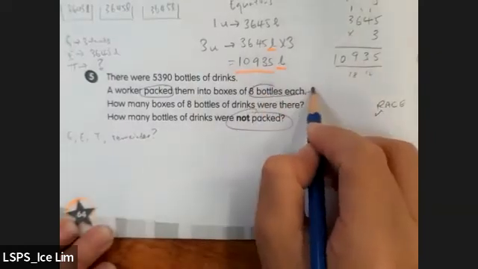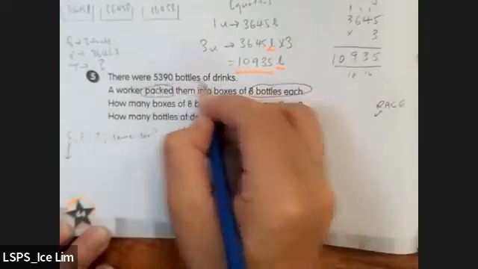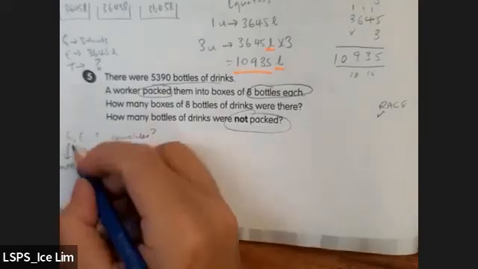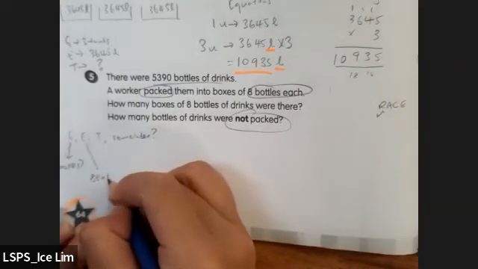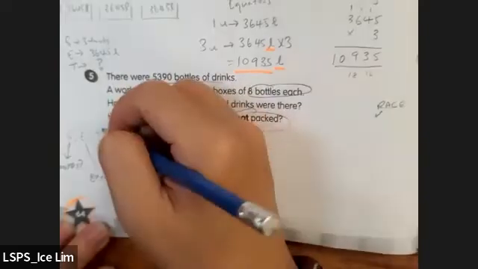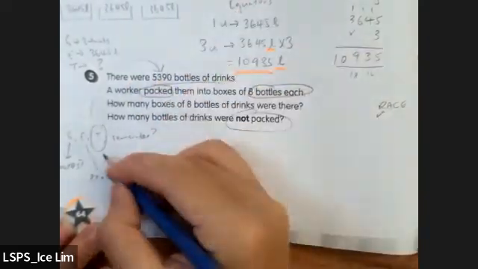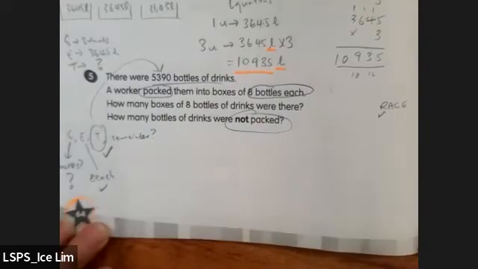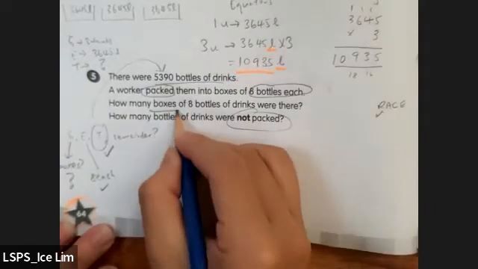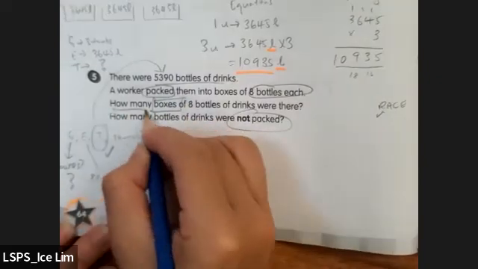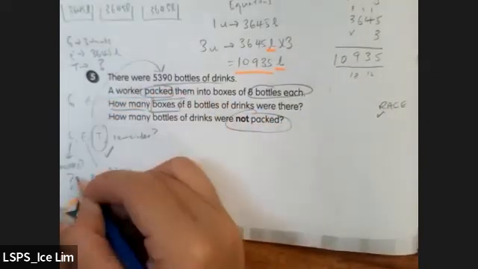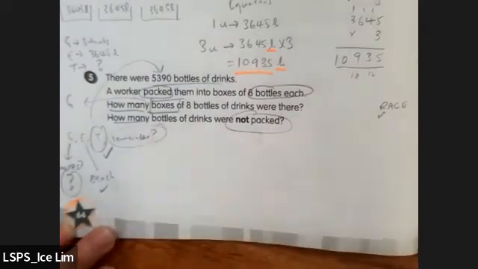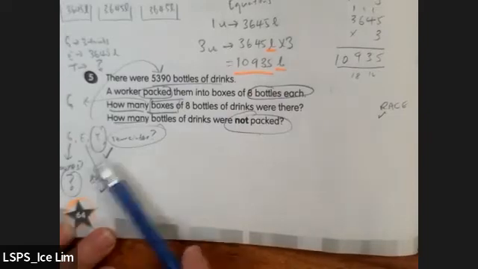Eight bottles each. Groups talks about boxes. I've got 8 each. Now, total number of bottles is given. Groups, I don't know. It asks you how many boxes. So this tells you I'm looking for a group. How many not packed? It asks you for the remainder. So we have 2 identities that are missing.